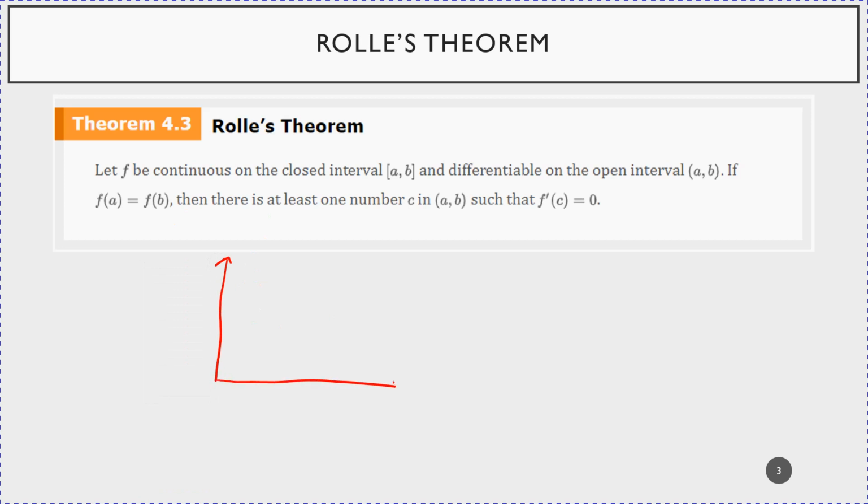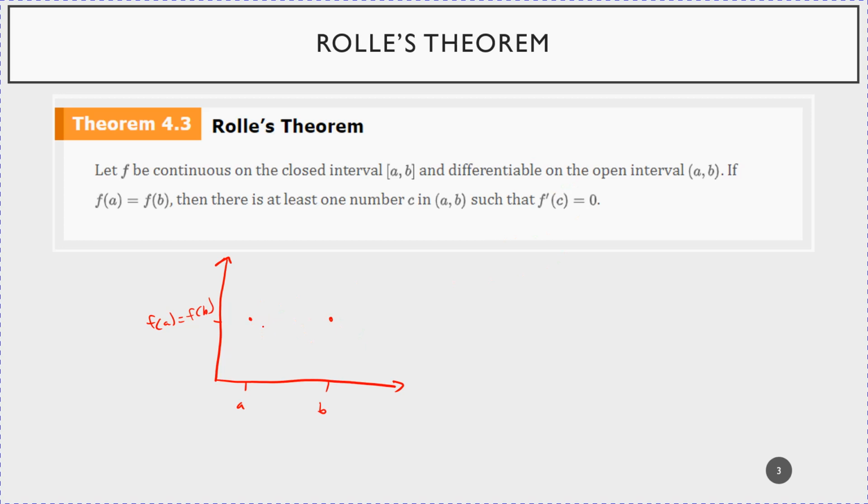If you have some function here, here's a, here's b, and these two values, f evaluated at a and f evaluated at b, are equal. As long as the function is continuous on the closed interval from a to b, then there is at least one number c between a and b such that f prime of c is equal to 0.